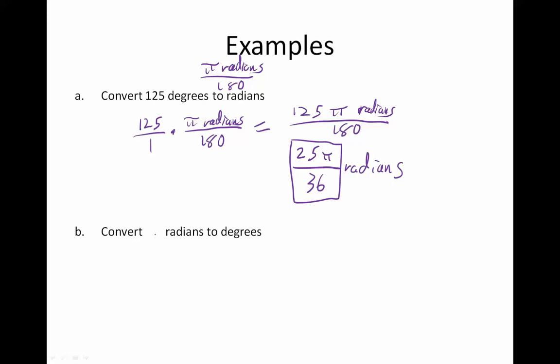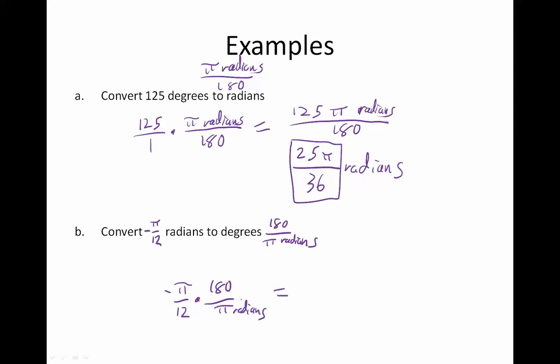We are going to convert negative pi over 12 radians to degrees. And because we are going from radians to degrees, we are now going to multiply by 180 over pi radians. So negative pi over 12 times 180 over pi radians.